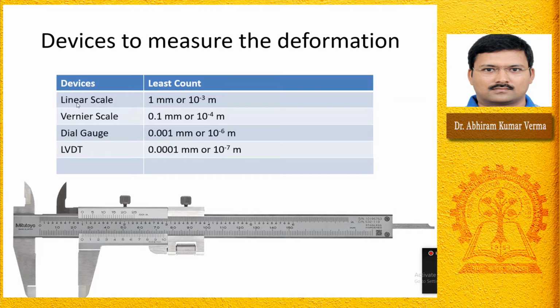Similarly, for example, if you are using a common linear scale, the least count is simply 1 mm we can measure, and if you have a deformation in this range, we cannot measure with this linear scale. The selection of this instrument is very important while installation.